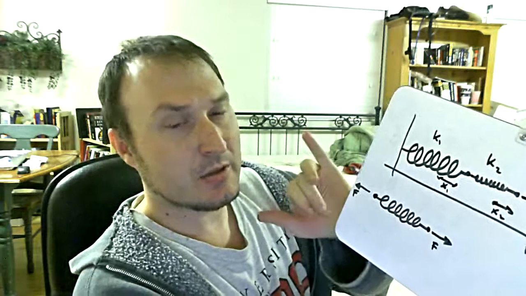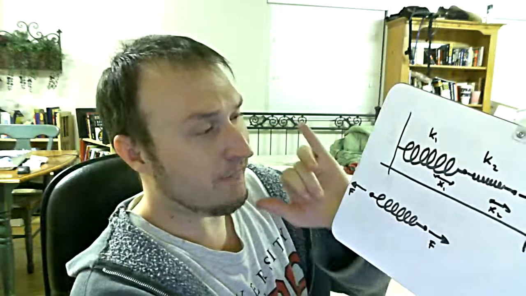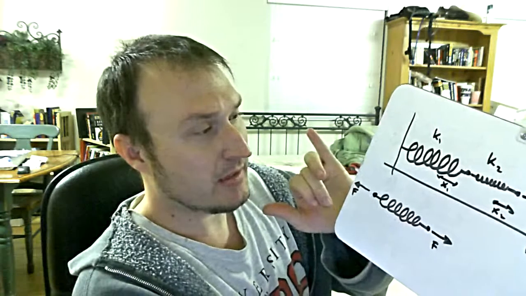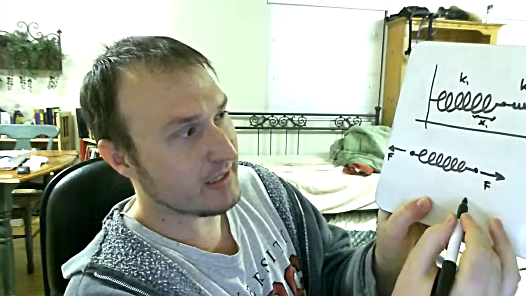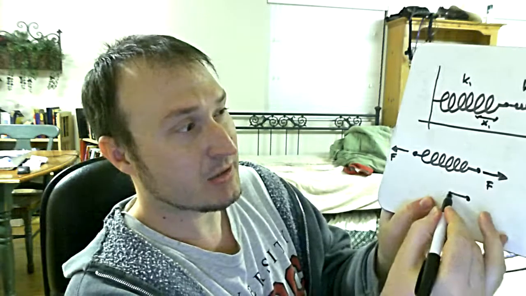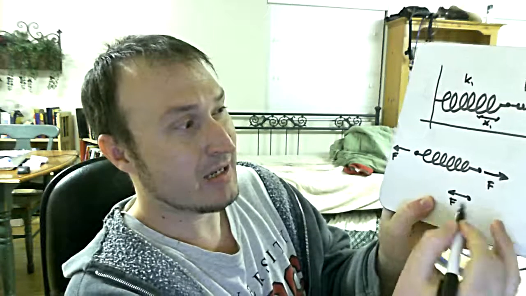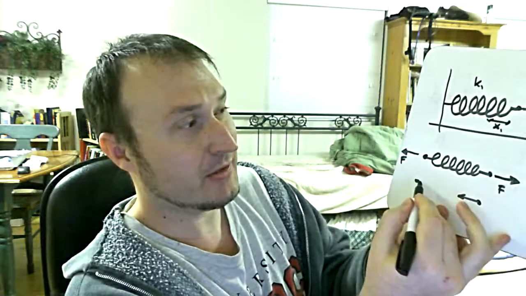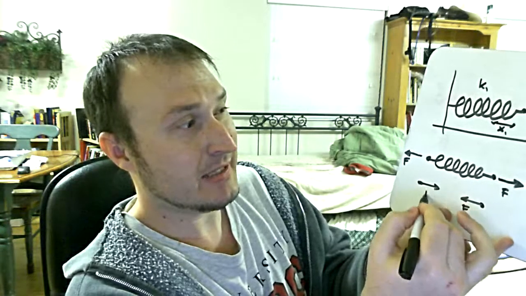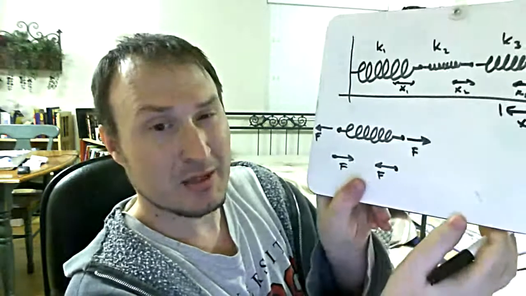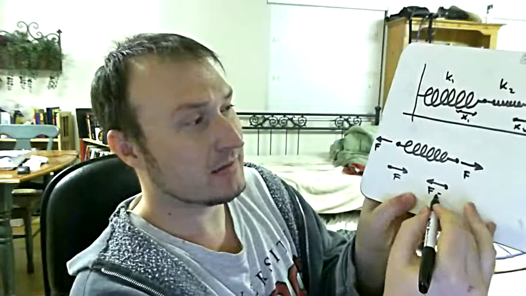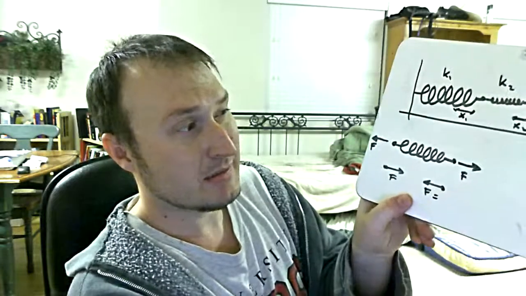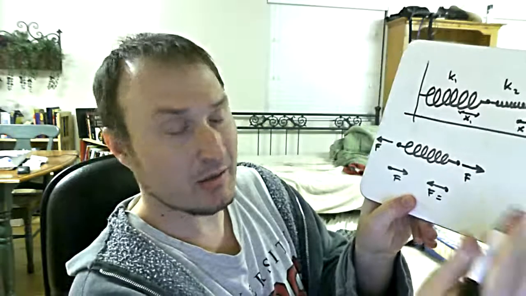And that's where you go to Hooke's law, because you know that that force, it's an equal and opposite reaction pair. So in order for this force to be here, this spring must also be pulling back with forces F here and here, right? And what's interesting is those forces are going to work by Hooke's law.